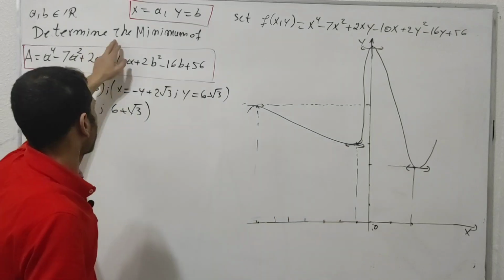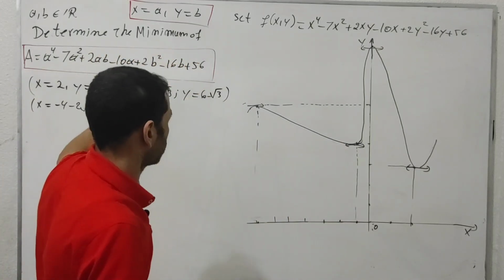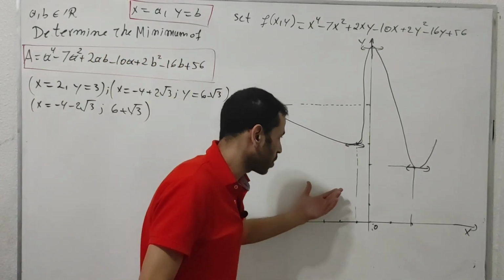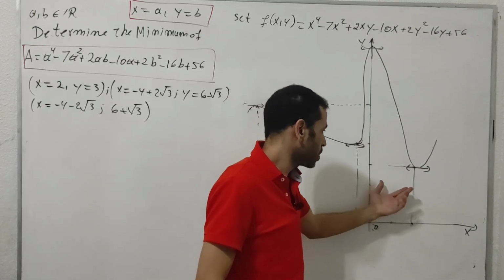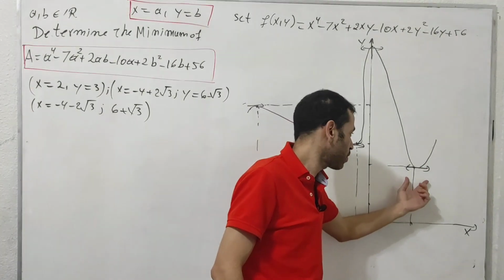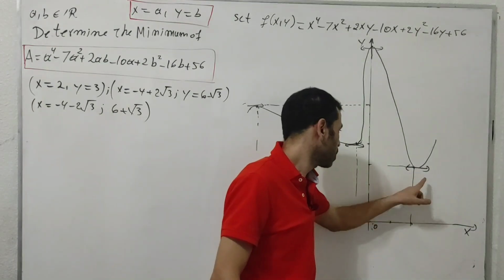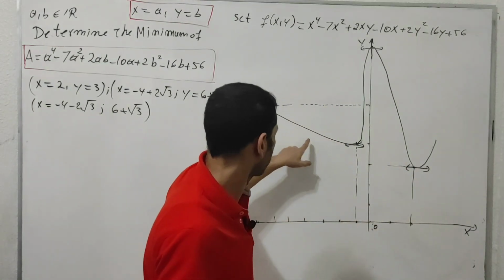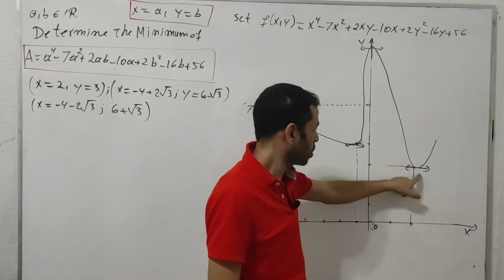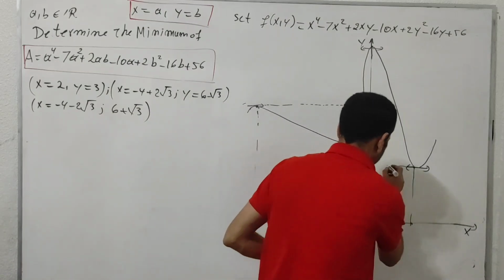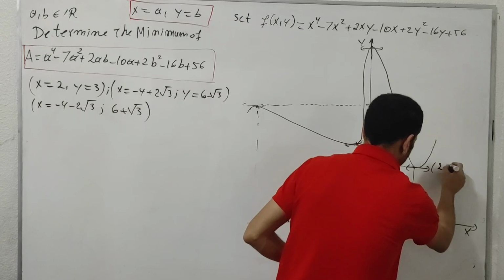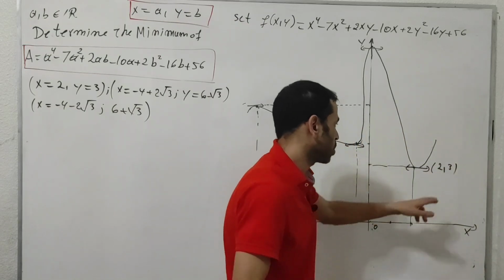It's been asked to find the minimum value of this one. So the minimum value of this one is a critical point with a minimum value. Where is the smallest minimum? We are going to make the comparison. We found this one, so this one is the minimum value. This is the coordinate (2, 3).